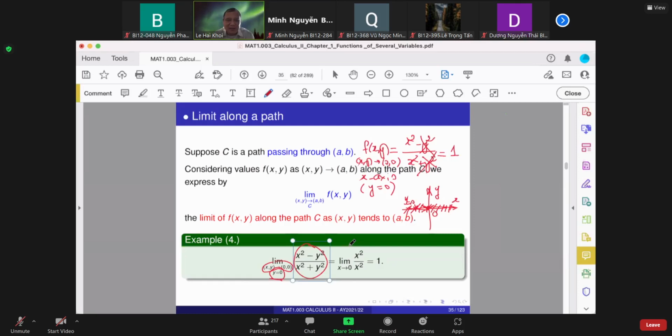And the limit as (x, y) tends to (0, 0), but y is already 0. Then you get only x tend to 0 to work on, and it is 1.